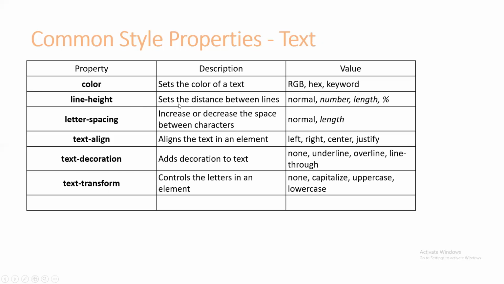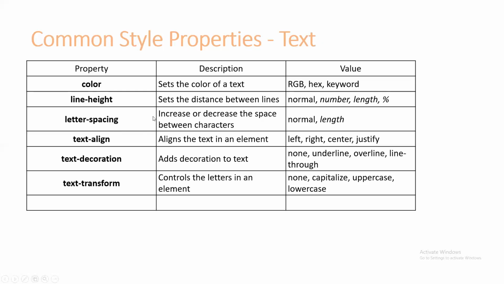Next one is line height. It sets the distance between the lines. We can specify it in pixels, in a number, or in percentage. Suppose in these two lines I want to set some particular distance, then I use the line height property.